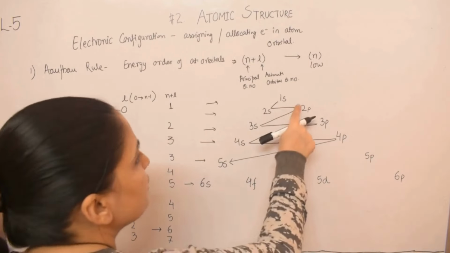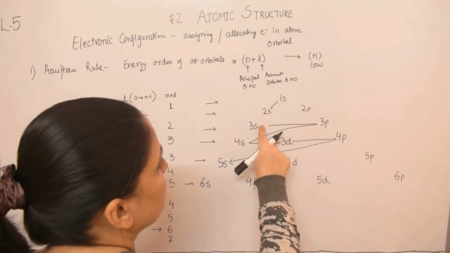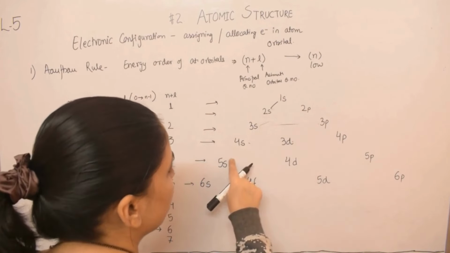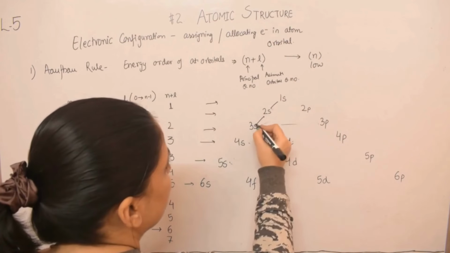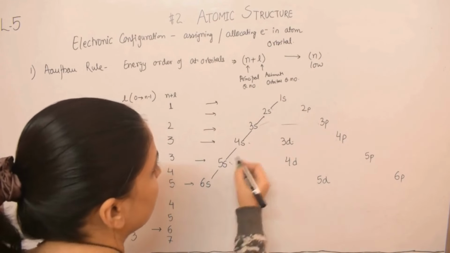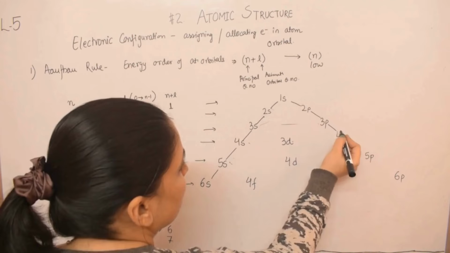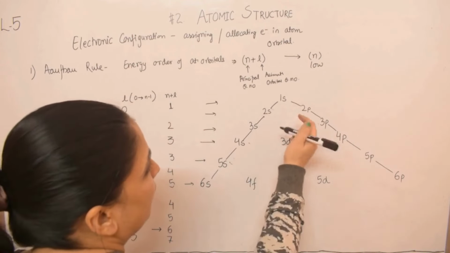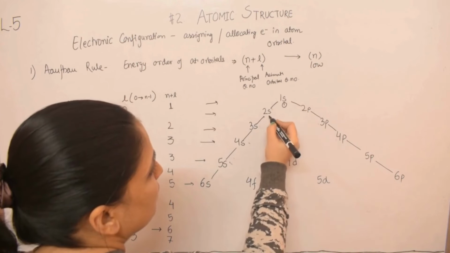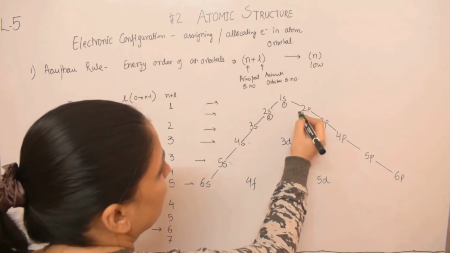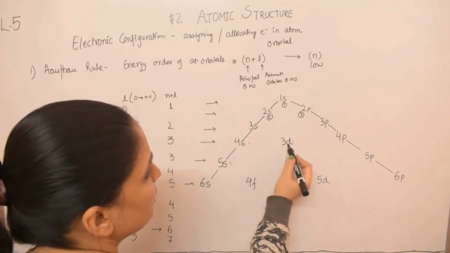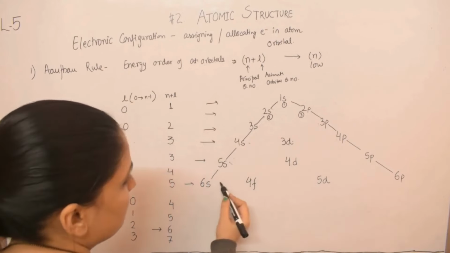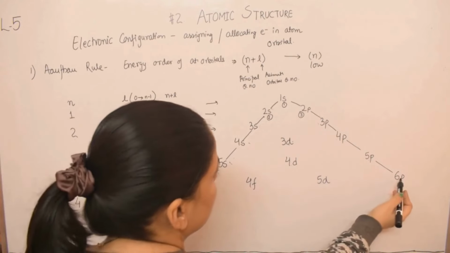So you can always remember in terms of a triangle also and just move one point after the other. This is like an energy triangle, where the starting and end is always S and P. This is 1s first, then 2s, then 2p, then 3s, 3p, 4s, 3d, 4p, 5s, 4d, 5p, 6s, 4f, 5d, 6p.